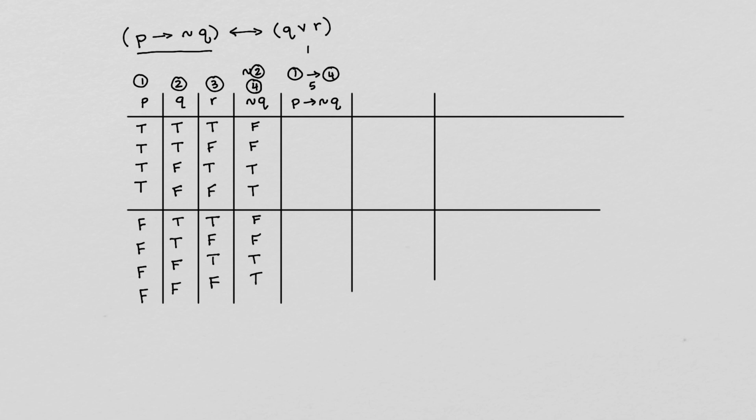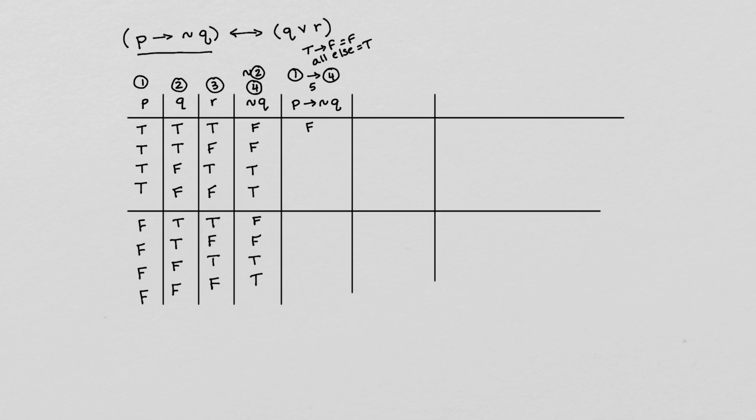And remember that with our conditional, if true then false is false, all else is true. So we start off with if true then false. So that's going to be false. And then we have another if true then false. So that would also be false. Then we have if true then true. That's going to be true for both of those.